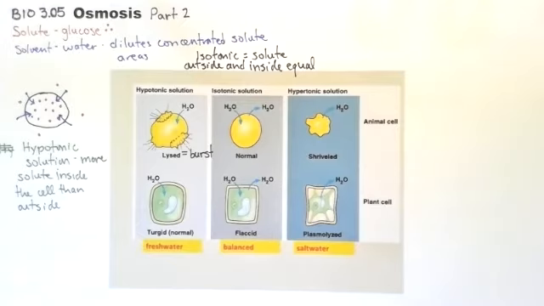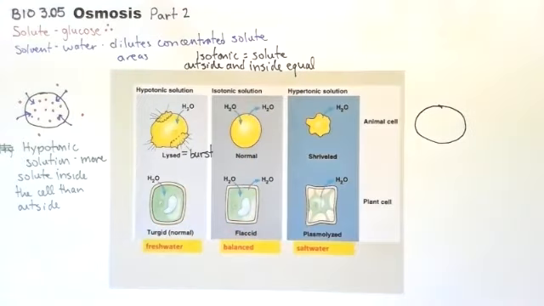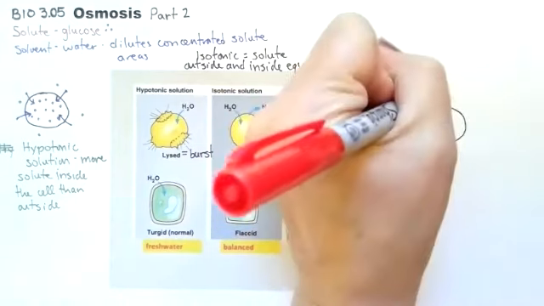Well, can we go the other direction? Let's draw another cell over here on this side. What if I have 4 dots of solute, and around the outside I've got 10.